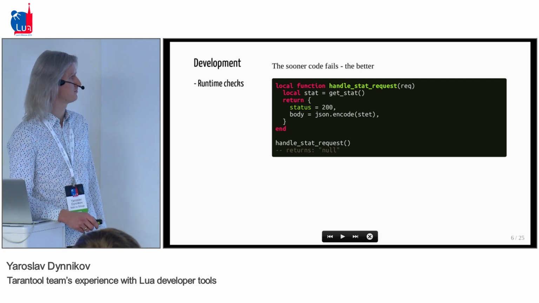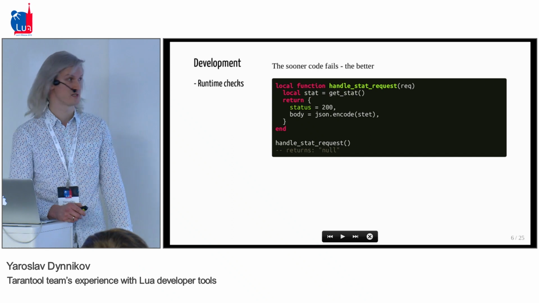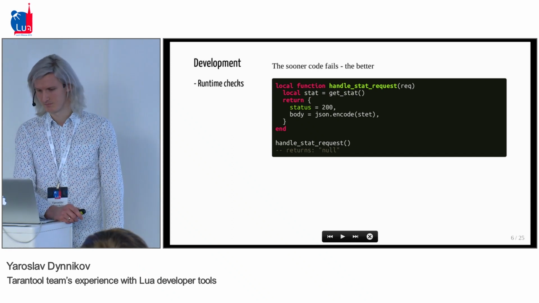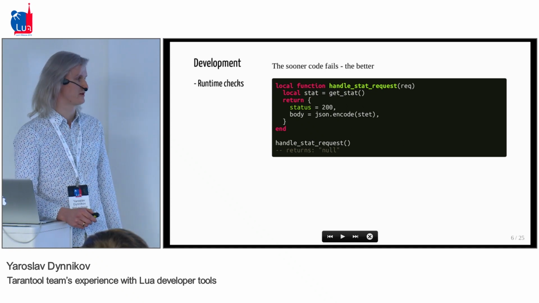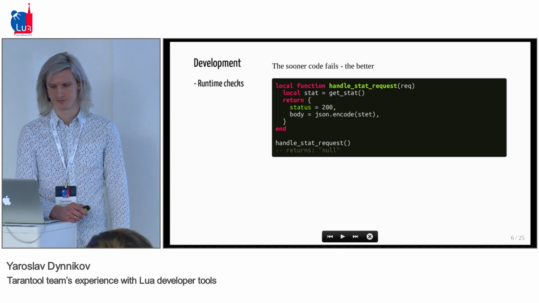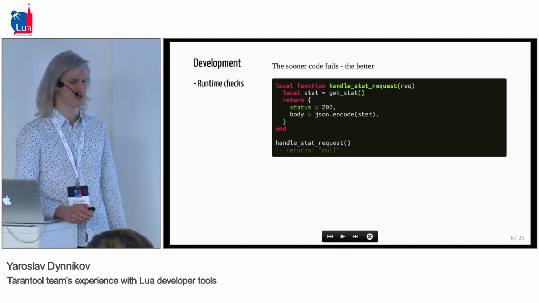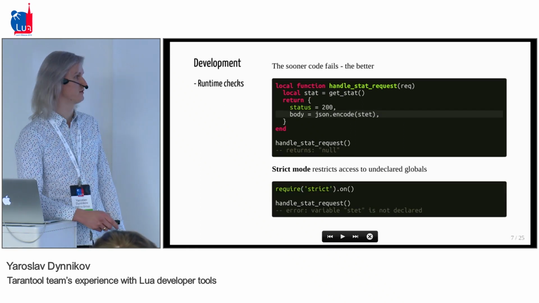But if we call it, we get the result nil. Oh, in JSON null. Doesn't matter. Of course, I hope your test will show that there is a mistake, and you will go and try to investigate it.